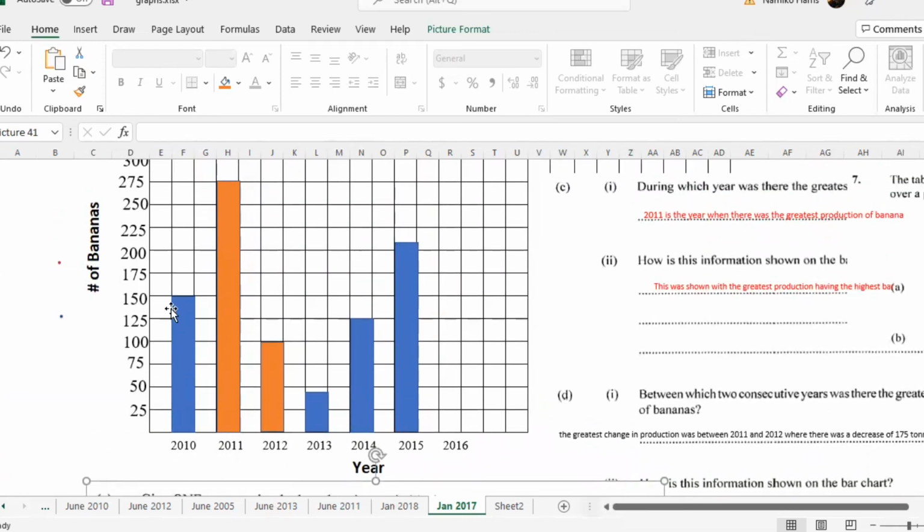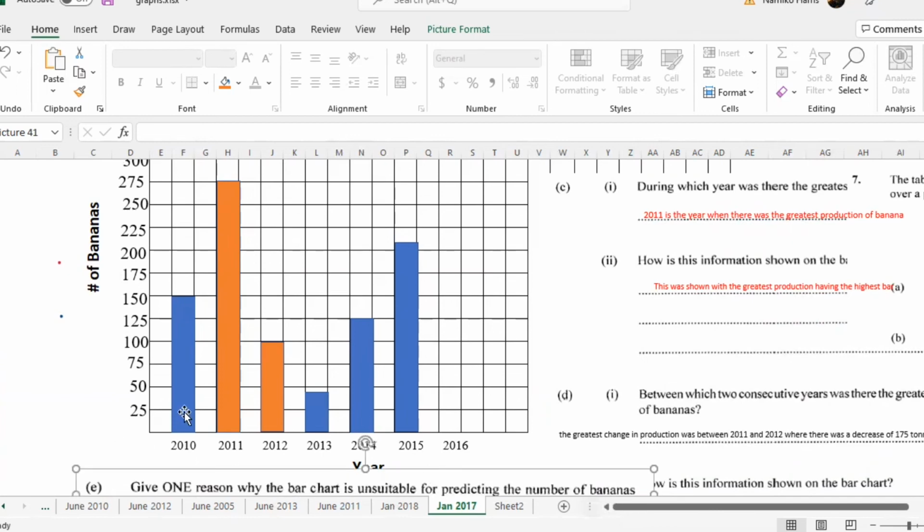Now looking at the height of our bars from year to year, do we observe any pattern? Is there any pattern? So from year to year, can we say 2010 to 2011, there was an increase of let's say 3 centimeters or 25 tons, and then it decreased by 25, then it went up by 25?